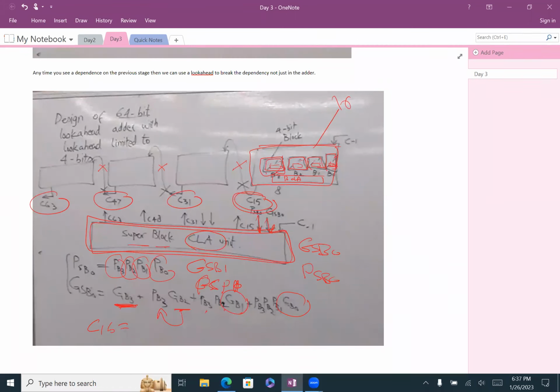Is it clear what the super block is now? If you go further, if I ask you to make a 256-bit circuit, I don't know what you want to name it, extra super block. But we don't need it because our current processor is up to 64-bit, correct?